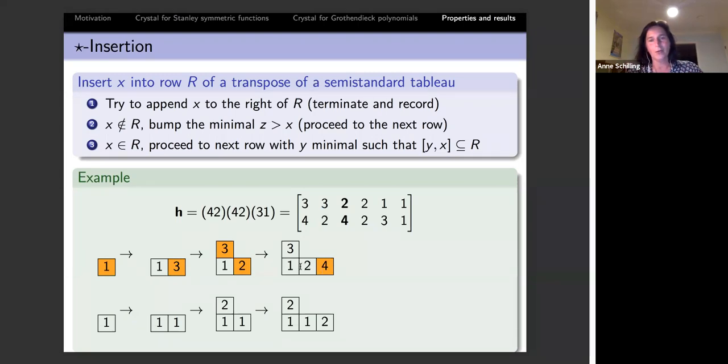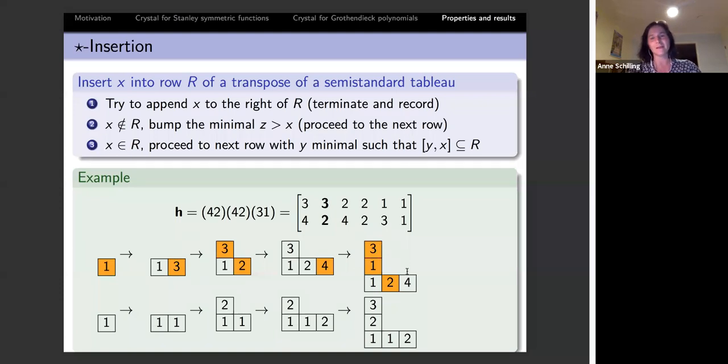The 1, 2 is this consecutive interval of letters, and the 2 will then bump the lowest number in this interval. So in this case, the 1. Okay, so the 2 got inserted, but it produces a 1 in the next row, and then the 1 bumps up the 3. And then again, in this tableau we just recorded what happened.